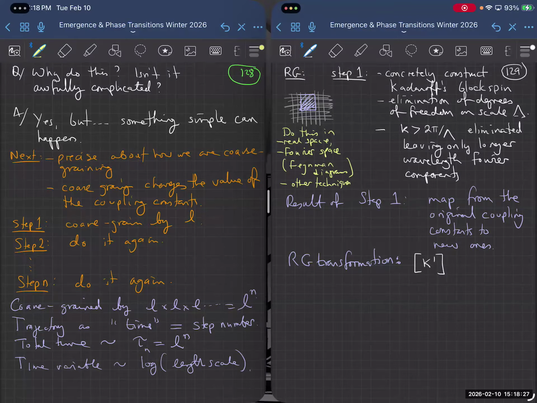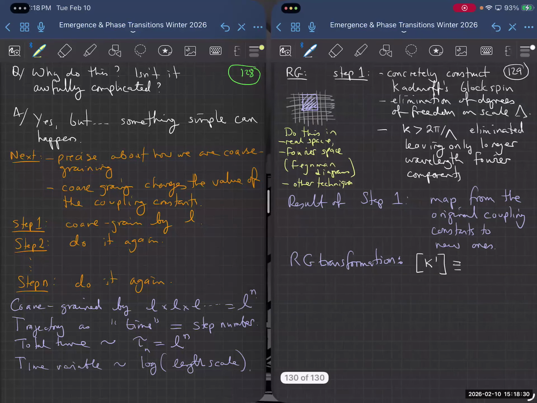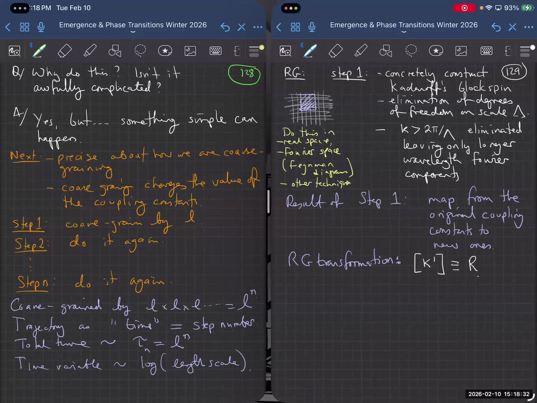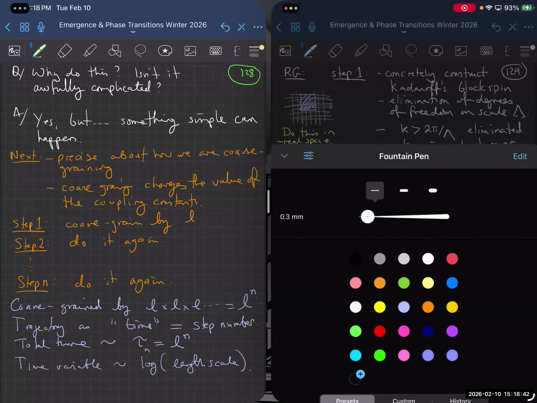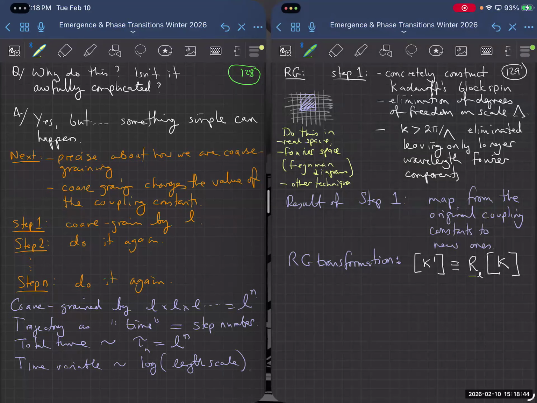Let's suppose I've done it. That is going to be defined in terms of some nonlinear transformation that depends on scale, acting on the original coupling constants, K, like that. And so this thing here is some nonlinear function depending on L, depending on the scale. And L, of course, is greater than 1.